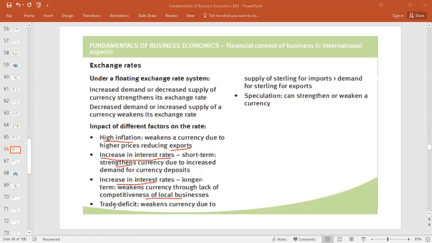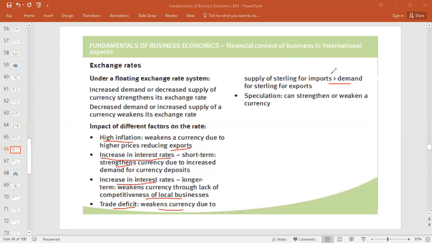If there is a trade deficit, because of mismatch between the imports and exports, it weakens the currency due to supply of sterling for imports, which are greater than the demand for sterling for exports. So in that case, the currency weakens.